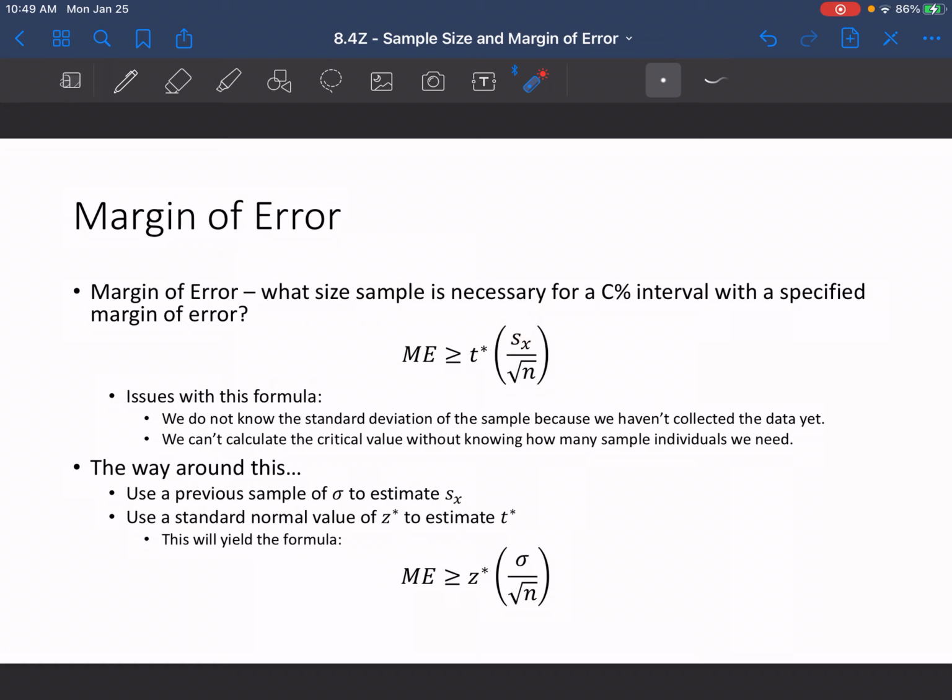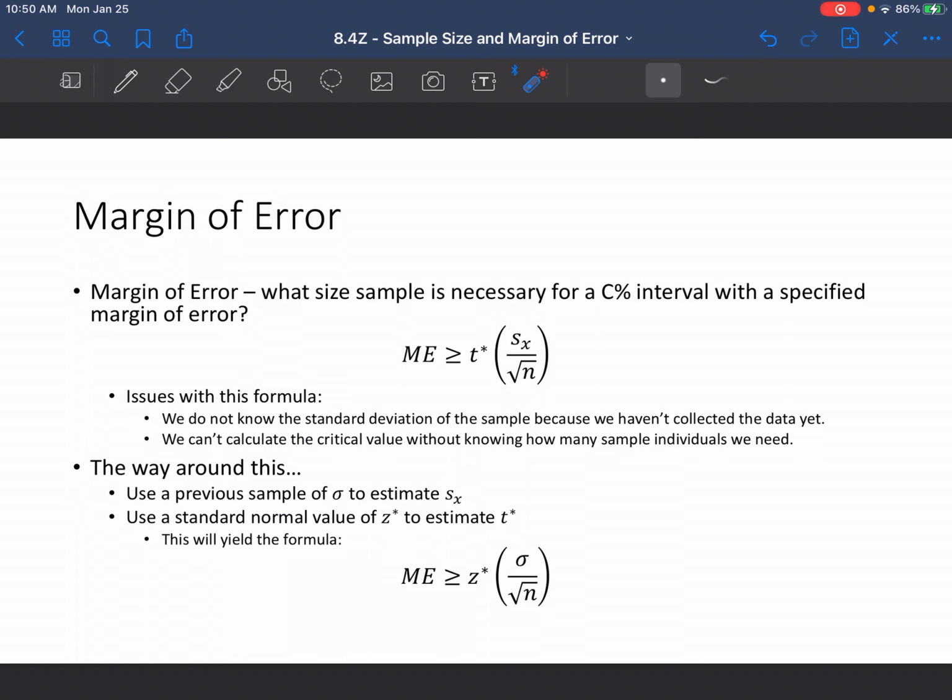However, we also can't calculate the critical value, this t right here, without knowing how many sample individuals we need. If you'll remember, in order to calculate t, we needed the degrees of freedom, which is just the number in our sample minus 1. If we are trying to find the smallest number we need in our sample, then we can't find t.